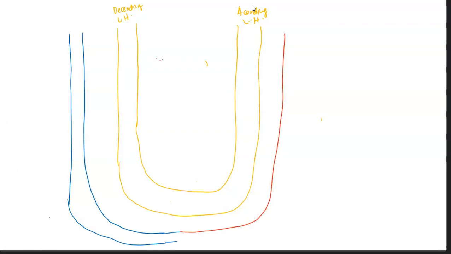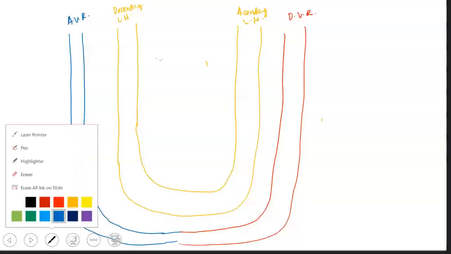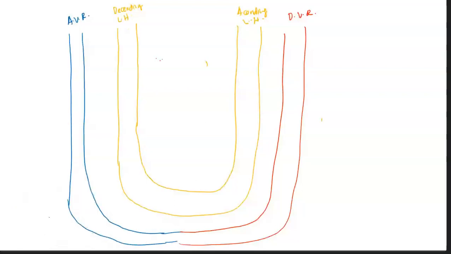Okay, on this side here you have the descending vasa recta. The blue side here you have the ascending vasa recta. So when the filtrate flows down the descending limb of loop of Henle, what substance moves out?